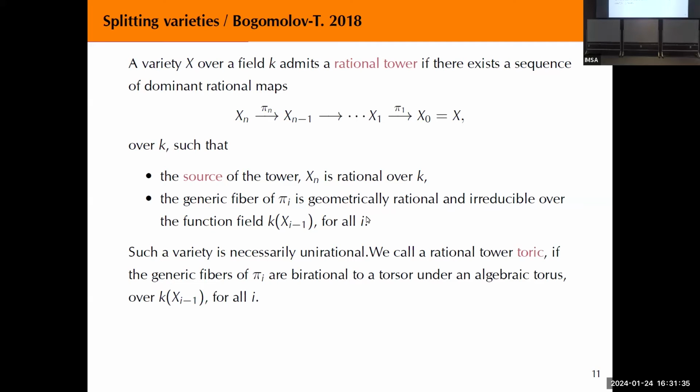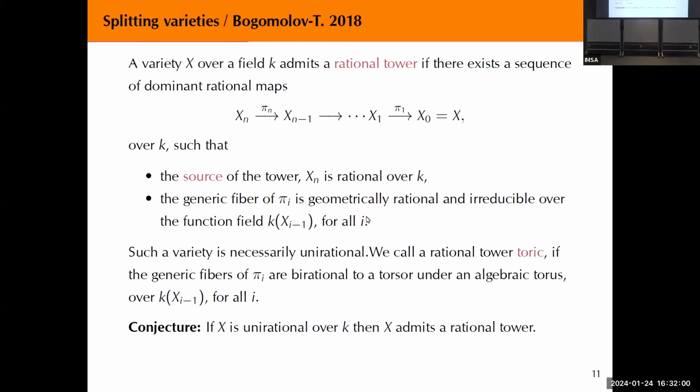Then we can go further in one sense. You can also demand, maybe we can make the generic fibers not just geometrically rational varieties. Maybe we can get away with using torsors under tori, and we will call such a tower a toric tower.